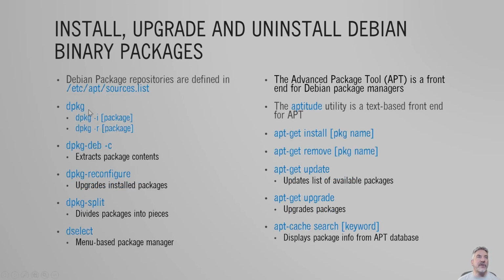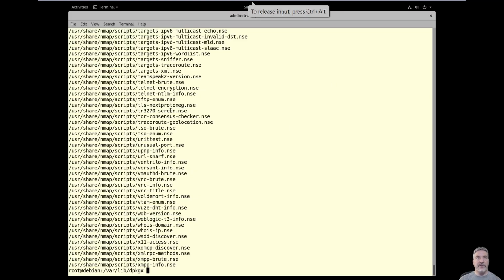So -i for install, as I mentioned, -r for remove. I can look at the contents of a package. I can also reconfigure one if it's been installed and needs some additional actions. Now the repositories are contained in your sources.list file.